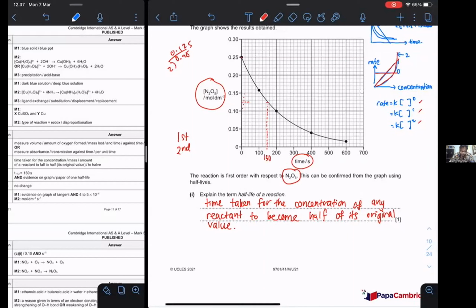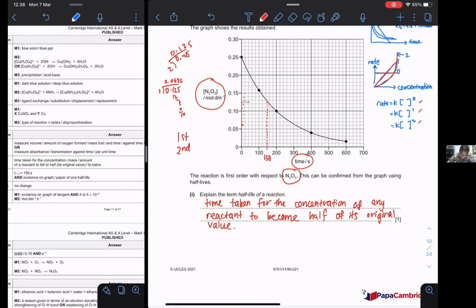Then from 0.125, to become half again, I divide by 2, so it's going to be 0.0625. Counting on the graph, 0.06, maybe somewhere here.